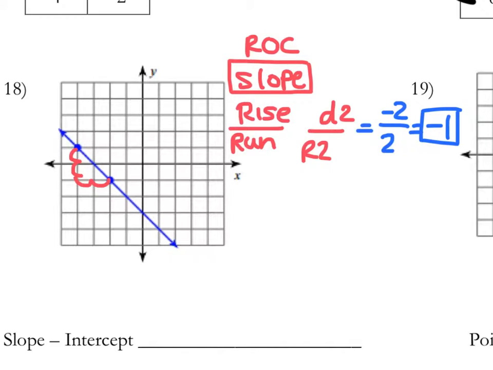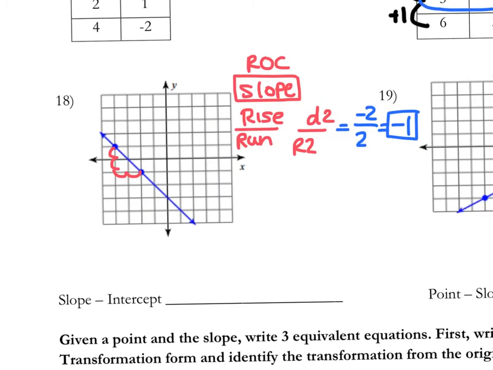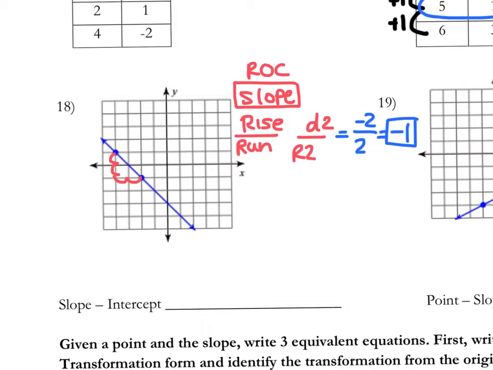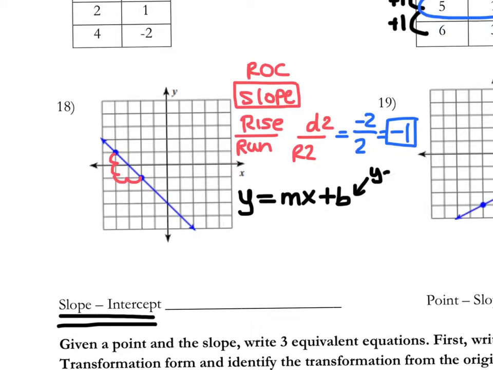The nice thing here with a graph is that I can physically see the y-intercept. It is asking me for slope-intercept form, which is y equals mx plus b, where b is my y-intercept. My y-intercept is just where my blue line crosses the y-axis, which I just circled.